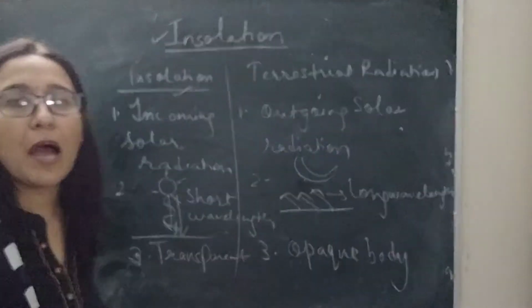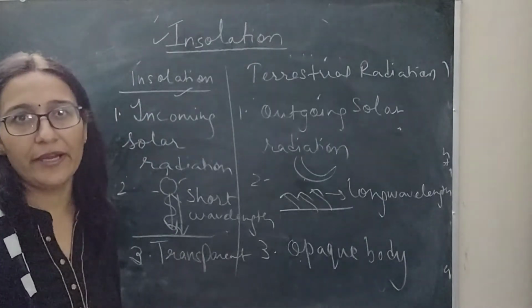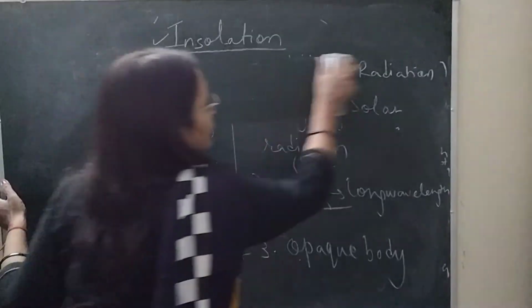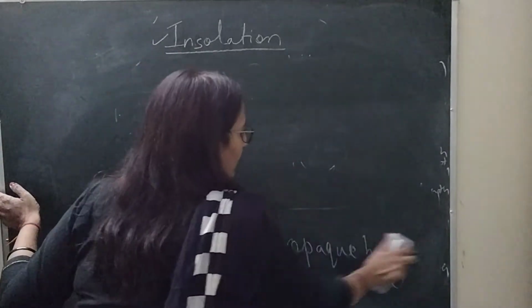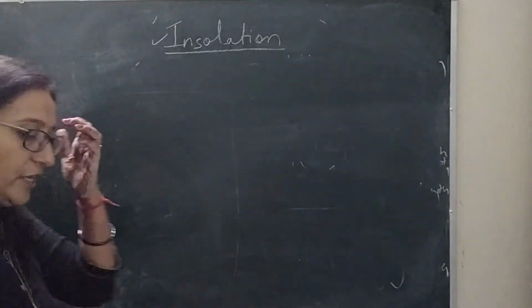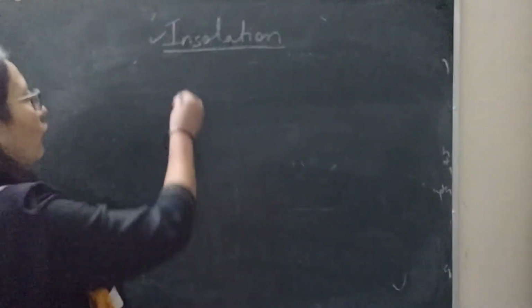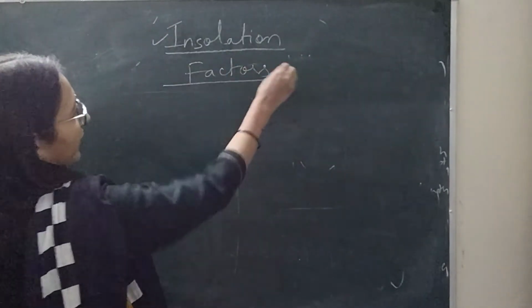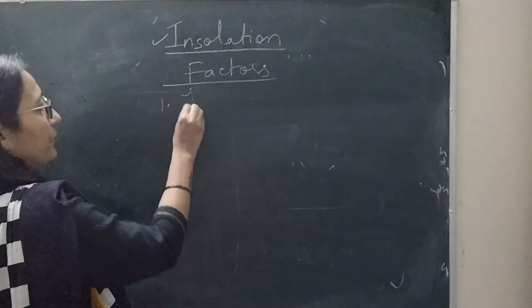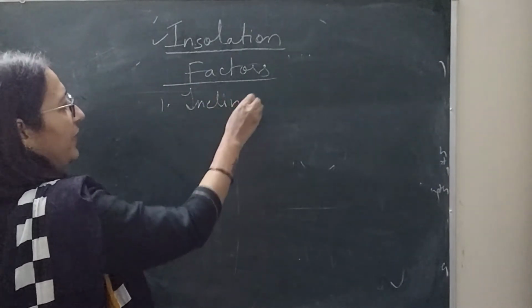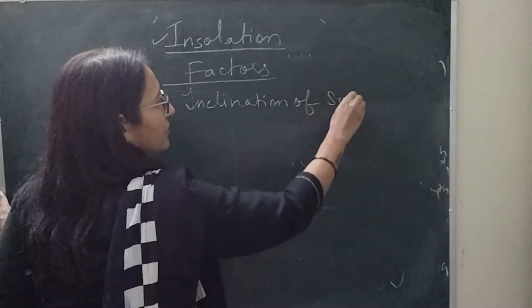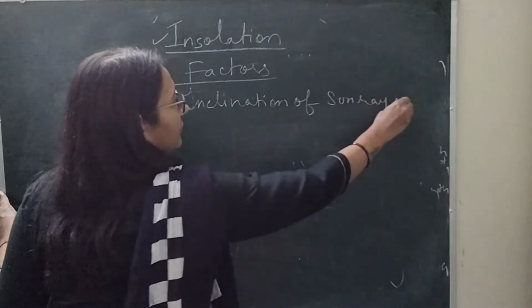So this is about insolation and terrestrial radiation. Let's learn about the next topic. What are the factors affecting incoming solar radiation, or we can say insolation? Number one is inclination of sun rays.